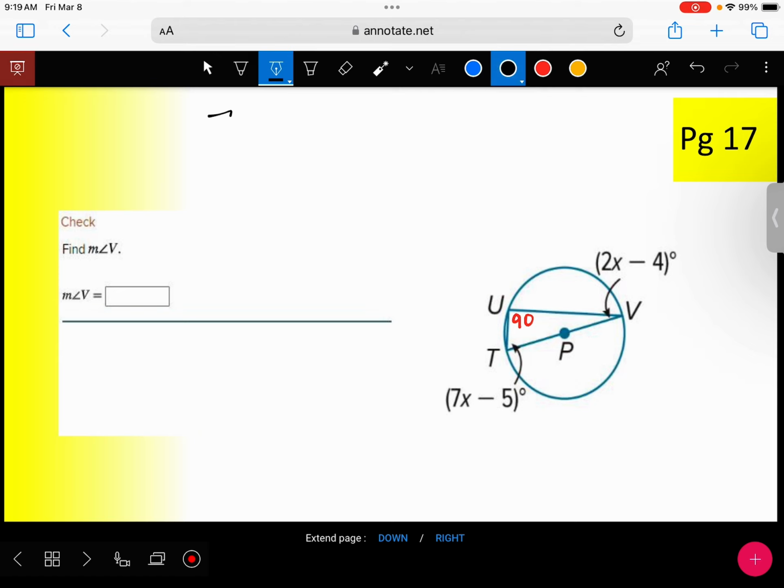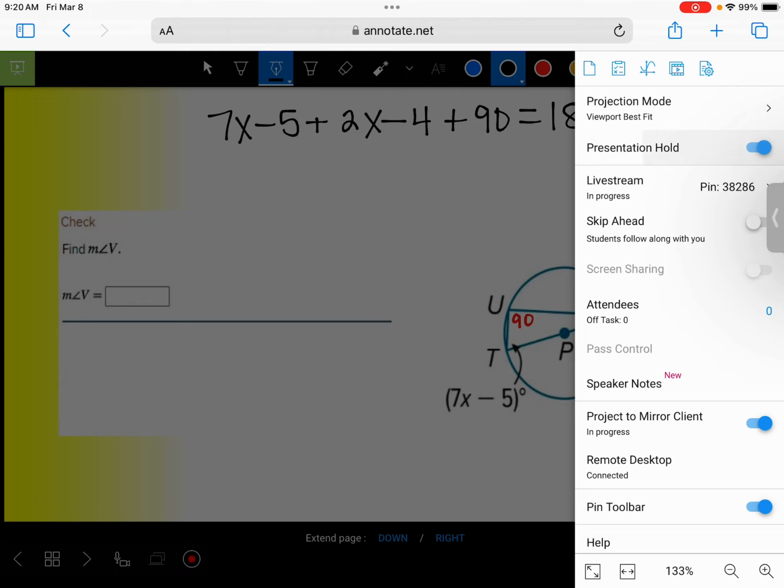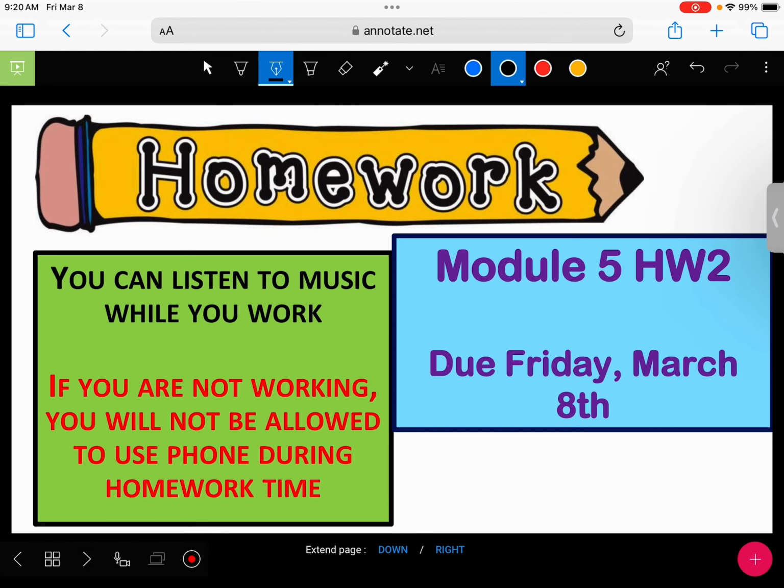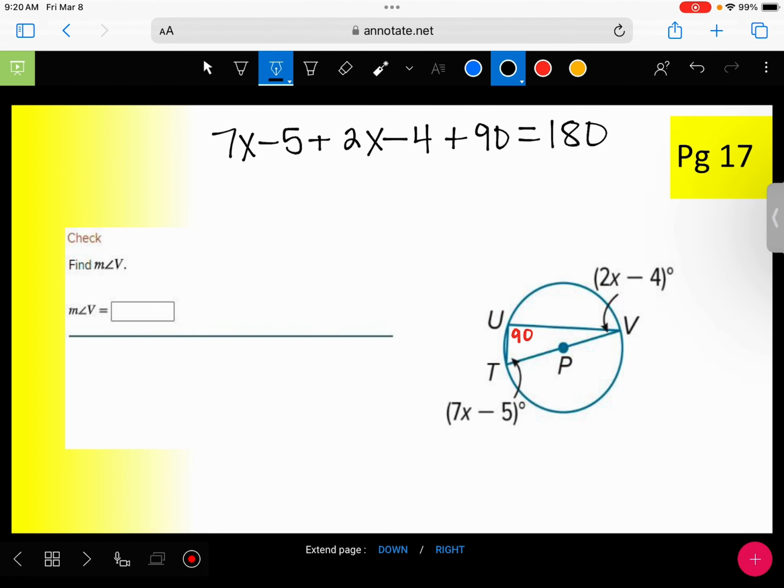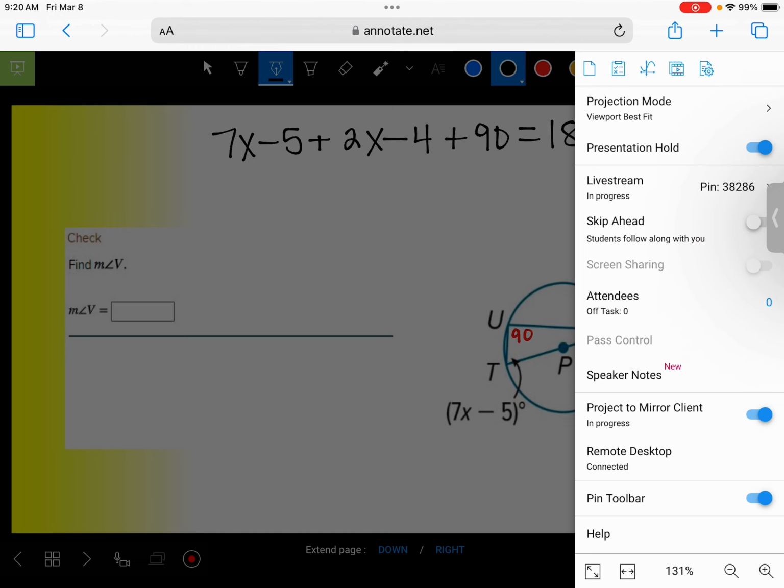So our equation is going to be 7x minus 5 plus 2x minus 4 plus 90 equals 180. All right, I'm going to give you a couple minutes. Go ahead and solve that for x. And this is our last question for today.